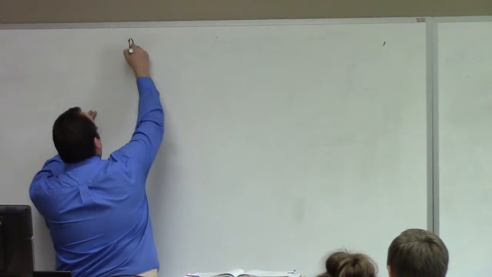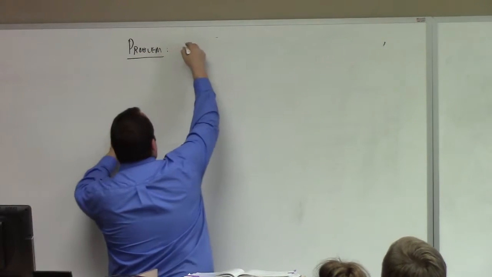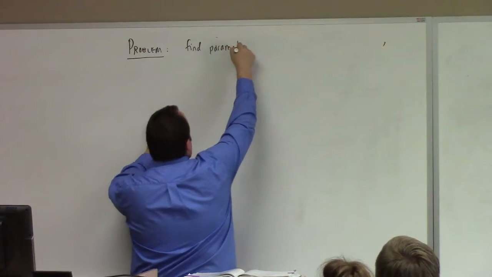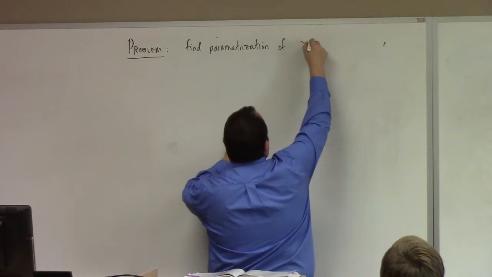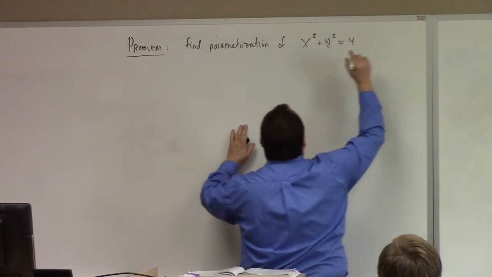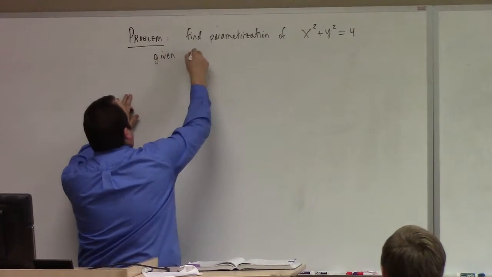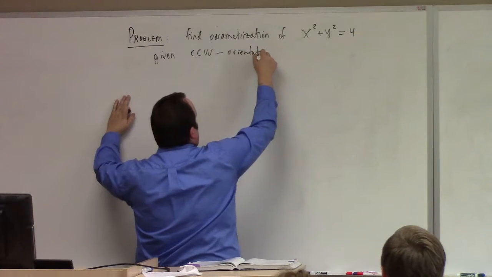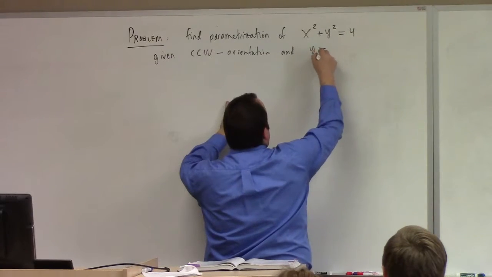So the problem was to find a parameterization of x squared plus y squared equals 4, given counterclockwise orientation and y is greater than or equal to x.